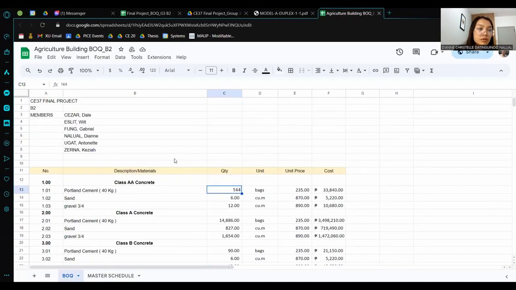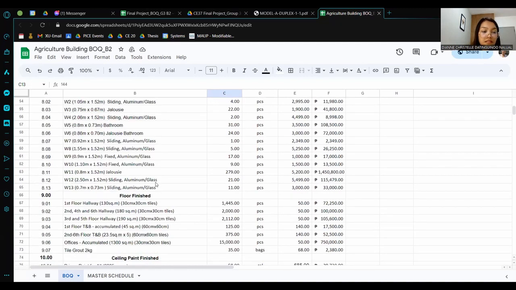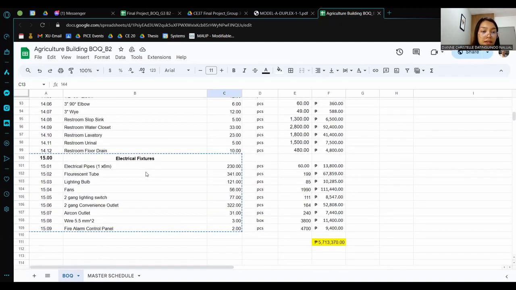As you can see in my screen, here are the estimates for the agriculture building. On my part, let's discuss the electrical fixtures. The first item will be the electrical pipes. Electrical pipes will be used at 1/6 meter.